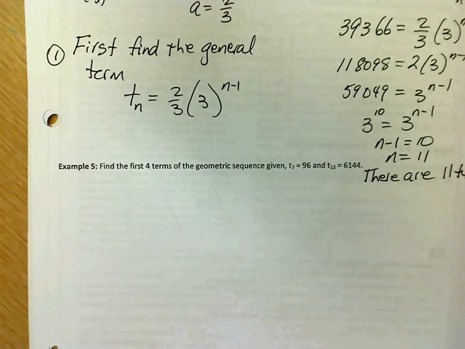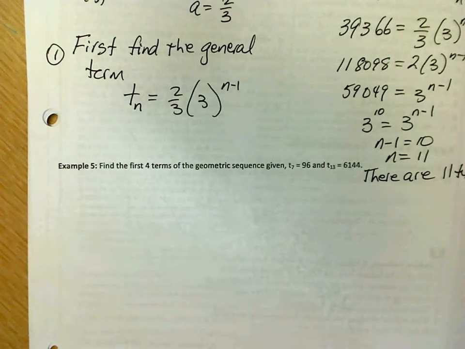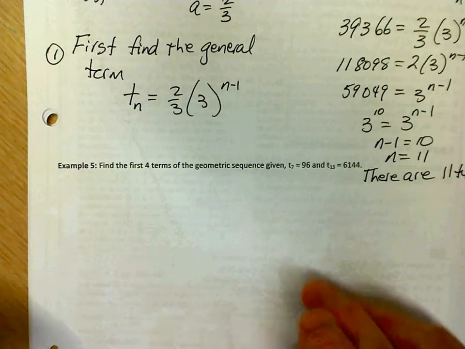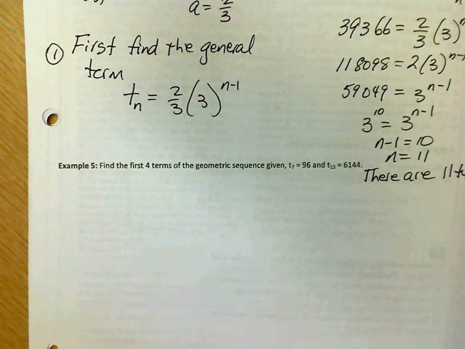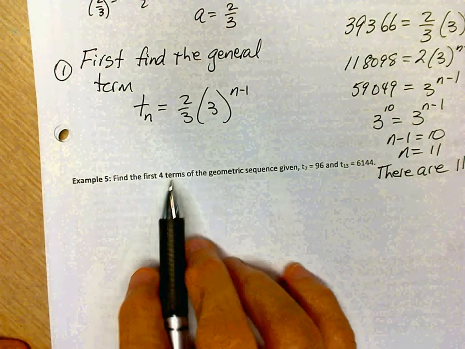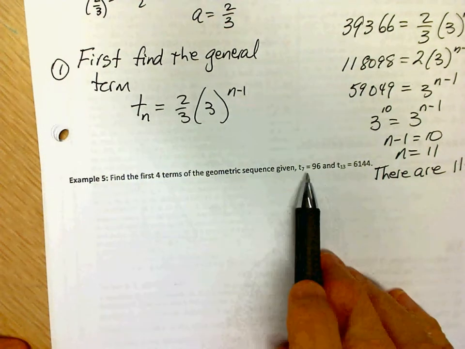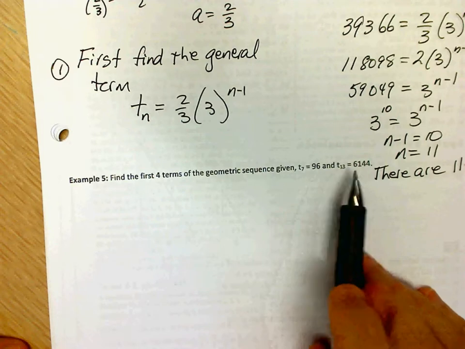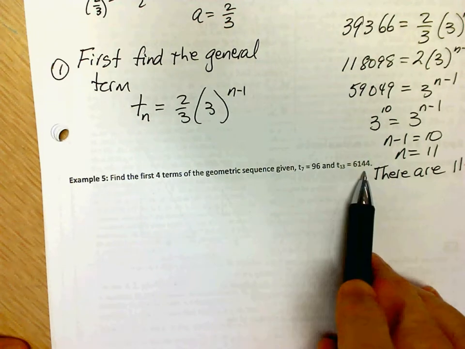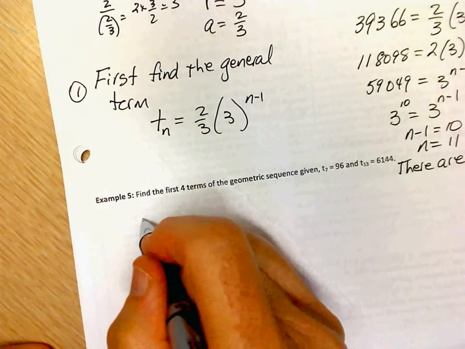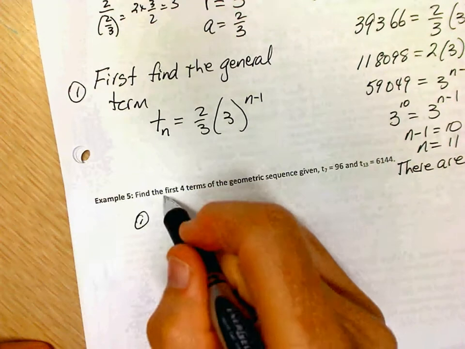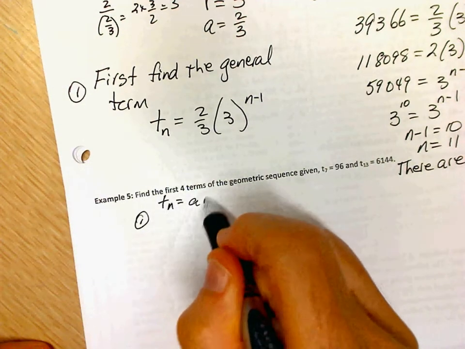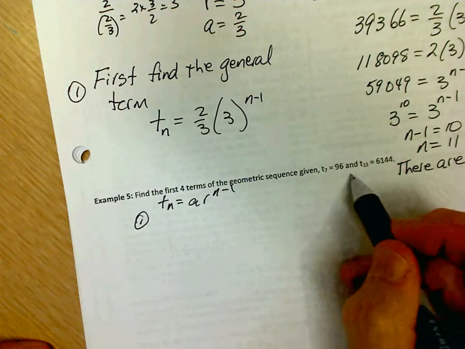Example 5. Then we'll be all caught up. Find the first four terms of the geometric sequence given T7 equals 96, T13 equals 6144. Okay. Using the form Tn equals A R to the n minus 1, I'm going to start with the bigger number.